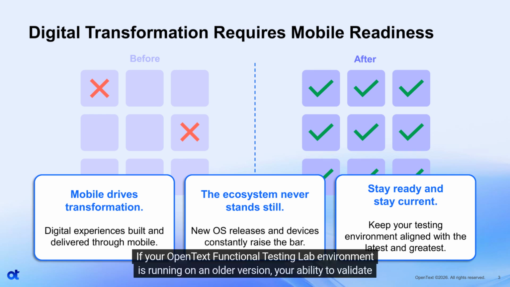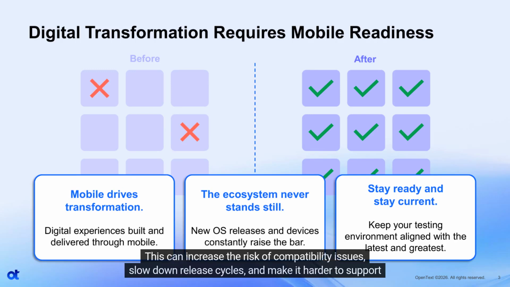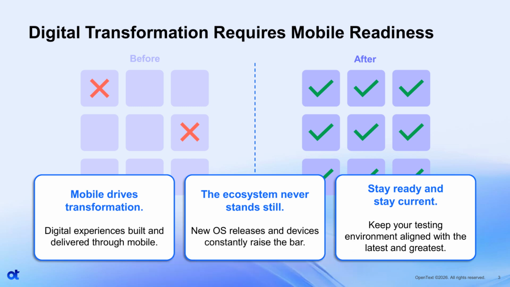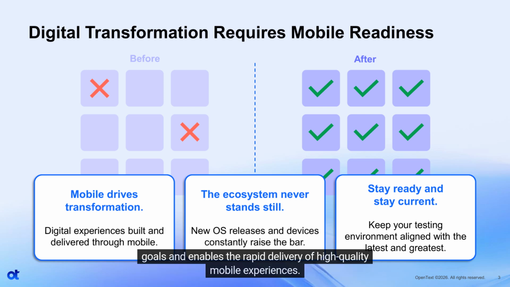If your OpenText Functional Testing Lab environment is running on an older version, your ability to validate applications against the latest devices and operating systems may be delayed. This can increase the risk of compatibility issues, slow down release cycles, and make it harder to support modern digital initiatives. This is not just about staying up to date. It is about ensuring your testing platform remains aligned with your organization's digital transformation goals and enables the rapid delivery of high-quality mobile experiences.